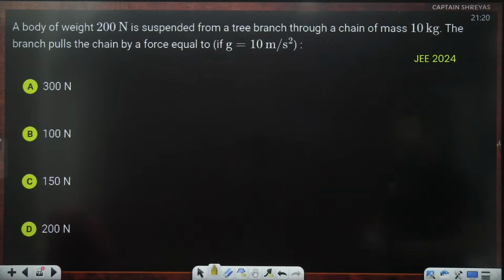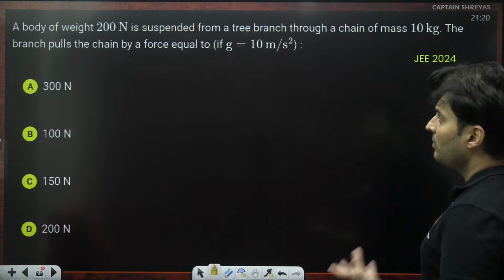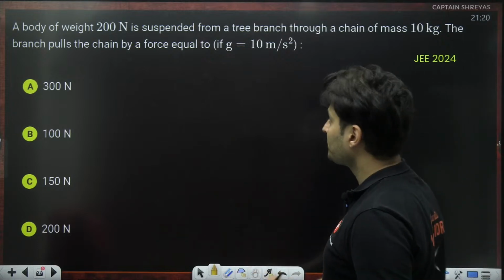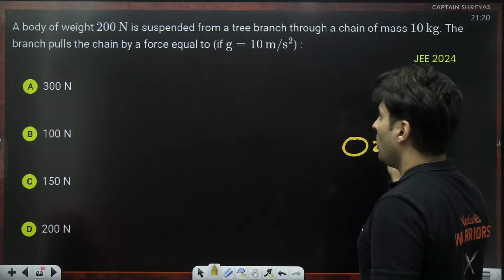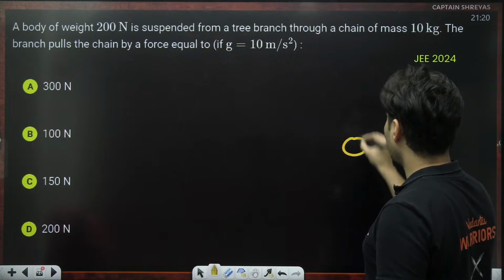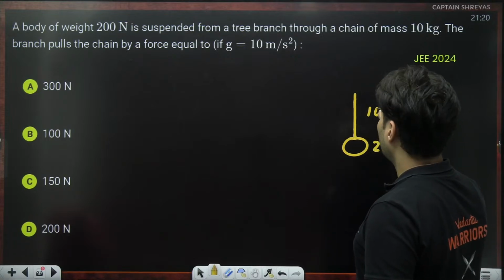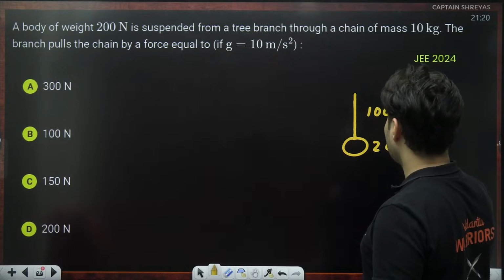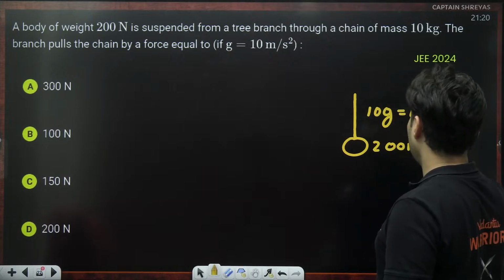A body of certain weight is suspended through a chain of mass 10 kg; the branch pulls the chain by a force of what? Imagine there is a body of 200 Newton and there is a chain of 100 Newton, because 10g is nothing but 100 Newton.